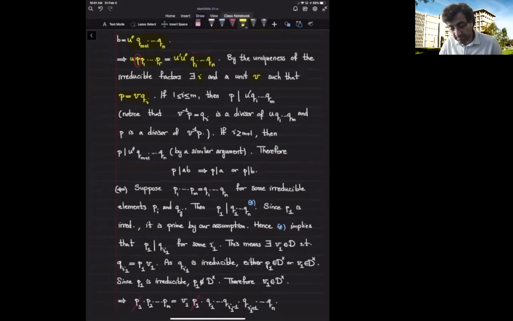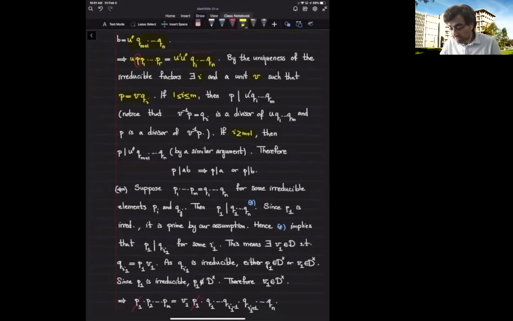It's either among the irreducible factors of A or among those of B, depending on whether the index is between 1 and m or more than m.